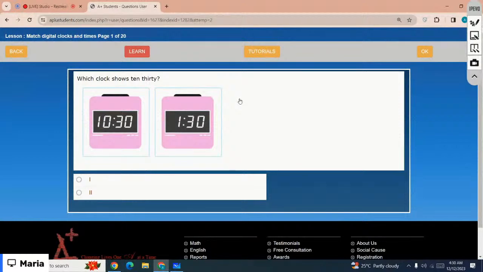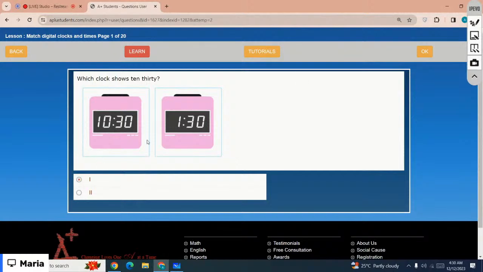Which clock shows 10:30? Which is the correct option? Yes, the first one shows 10:30.